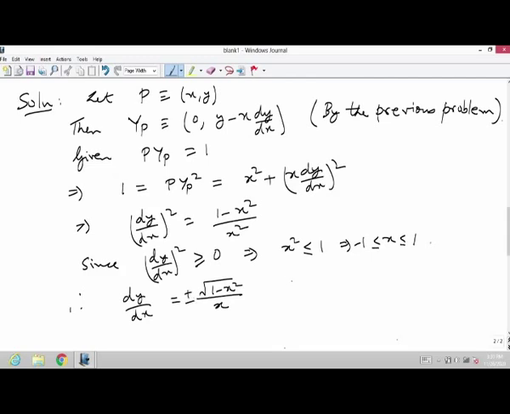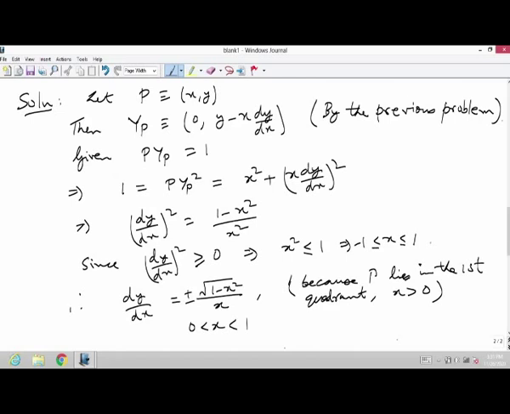This is because gamma lies in the first quadrant, we have x bigger than 0. So, x is positive, x will lie in the open interval 0 to 1.